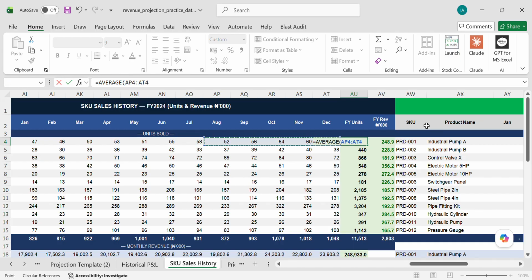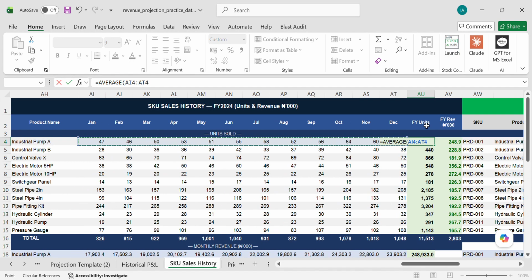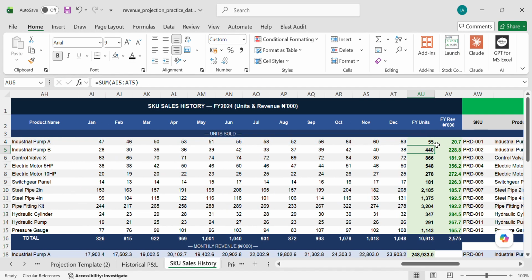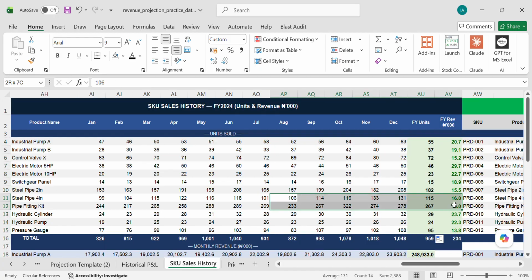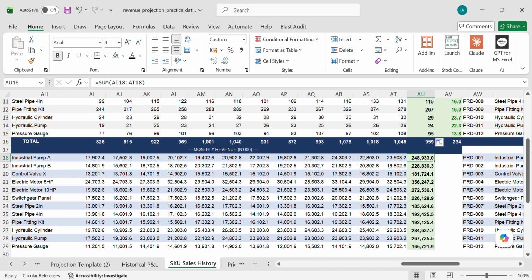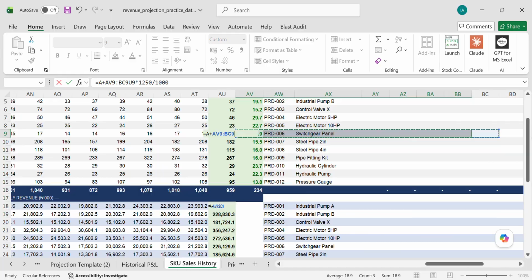Average per month is this. Do you get? This is the average quantity per month. Though it fluctuates, we'll talk about how to apply seasonality. For now, let's just do that. Average quantity. This is the average.